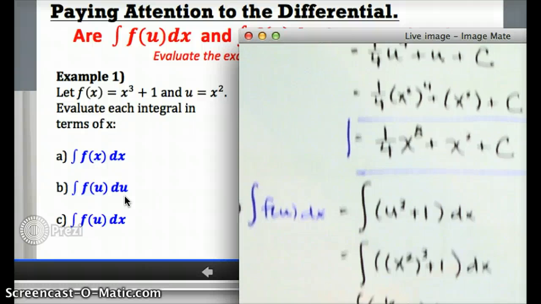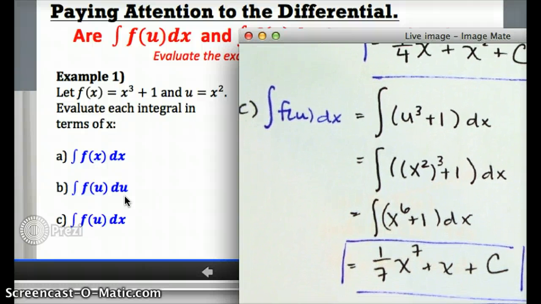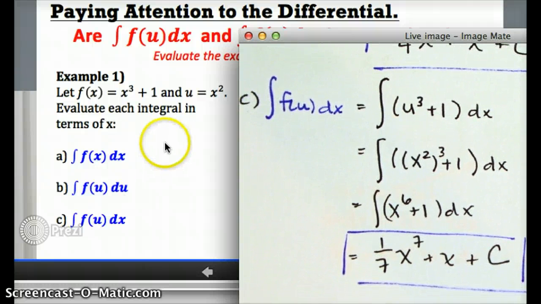And the third integral would look like this. And of course, you've noticed probably that these do in fact all equal different function families, not just different functions. And that was an explanation for why that differential matters, why the variable of integration must match the variable inside the function before we can actually go ahead and find the antiderivative.